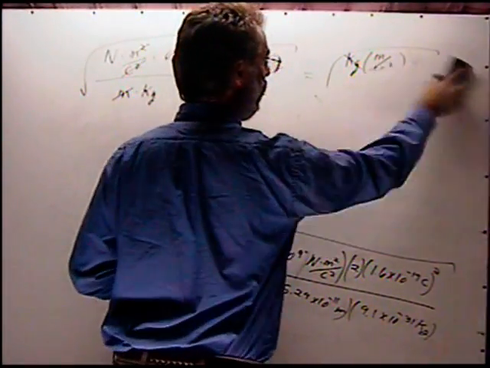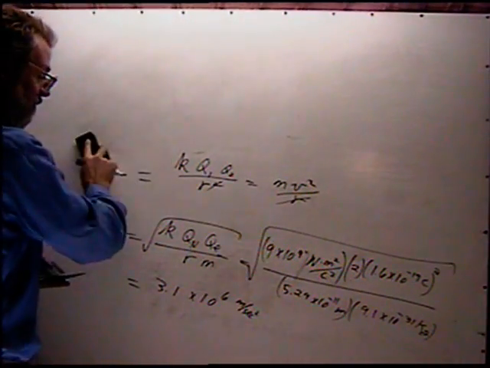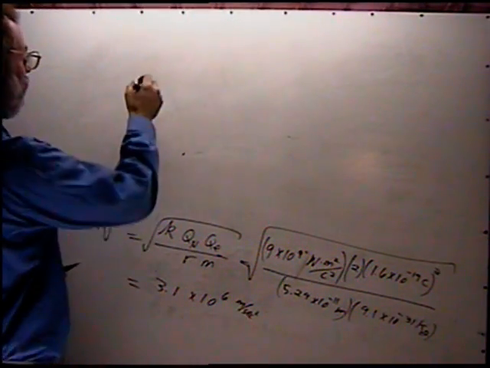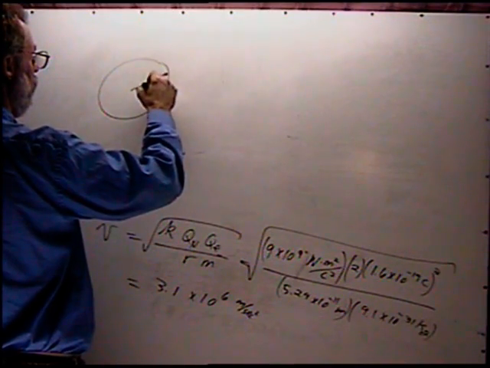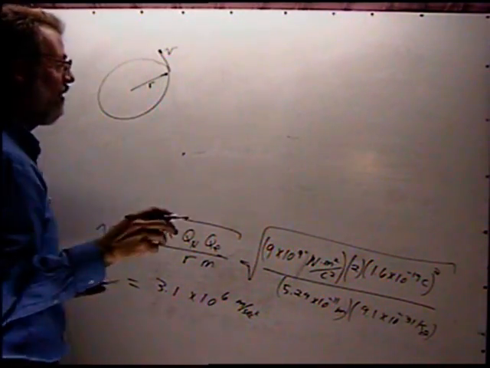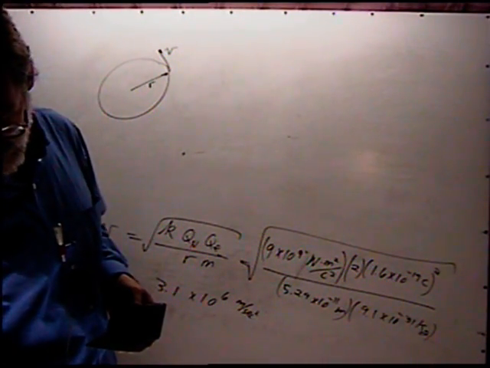We have a little bit of time, maybe. That's the velocity. Now remember, here's a radius, and here's a velocity. Let's calculate the period and the frequency.